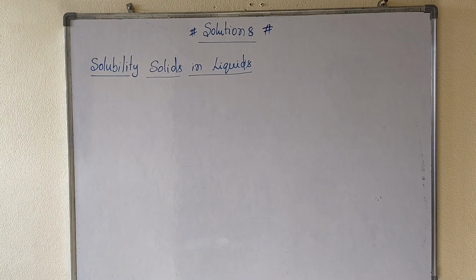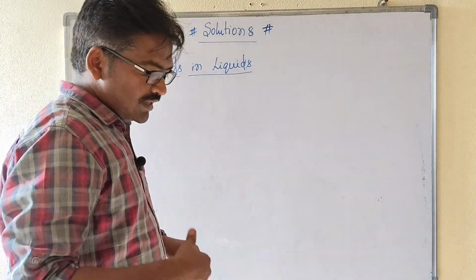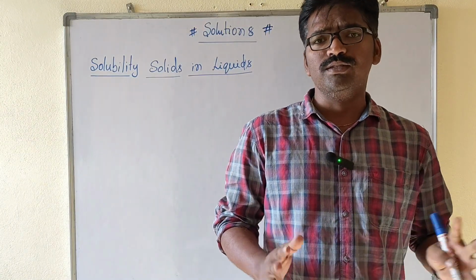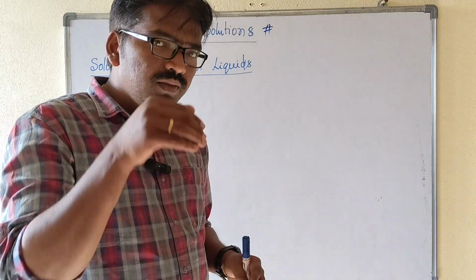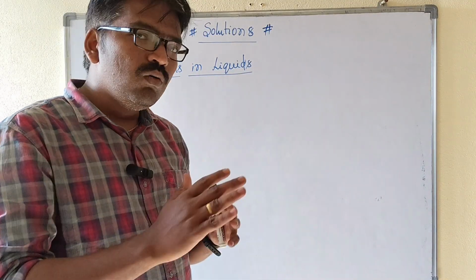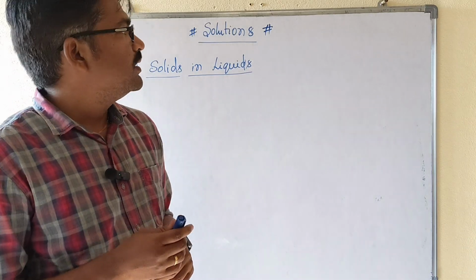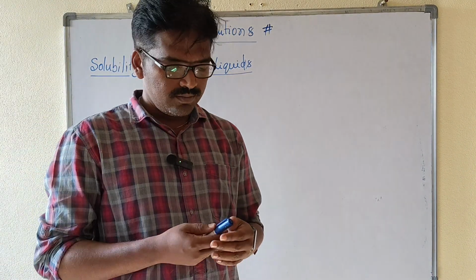Next, we have to discuss the solubility of solids in liquids. The solubility of gases in liquids is also there, and the solubility of solids in liquids. What are the factors influencing the solubility, that we have to discuss. The solubility of solids in liquids depends upon four factors.